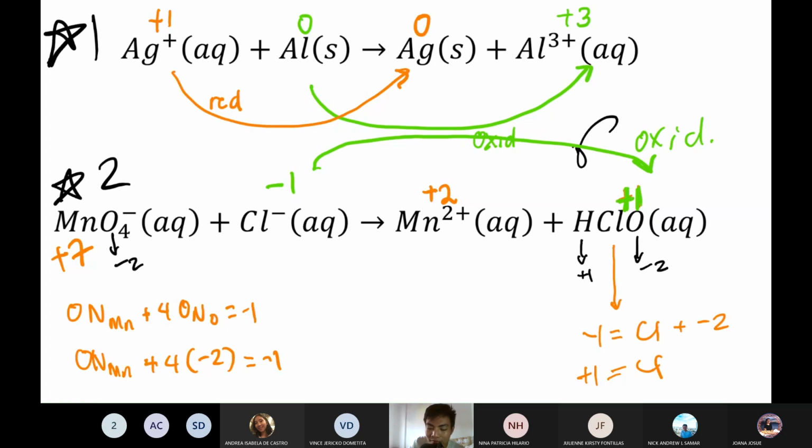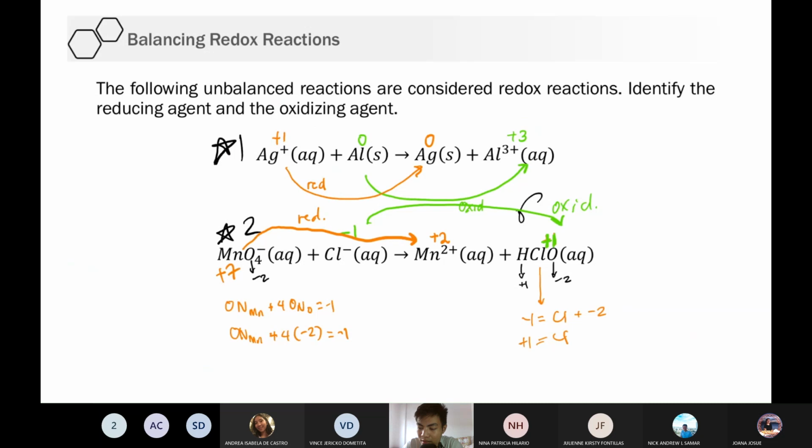Okay? For Mn, ayun. So, from positive 7, naging positive 2 siya. This is reduction. Okay? So, in summary, let me erase this.